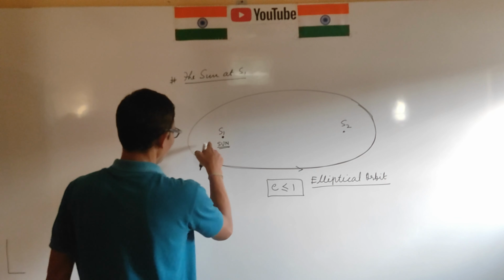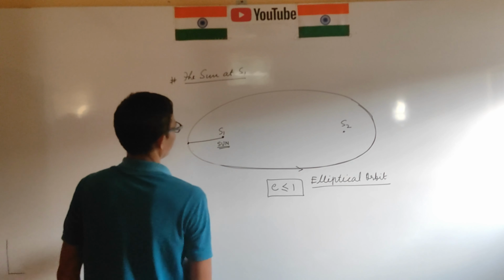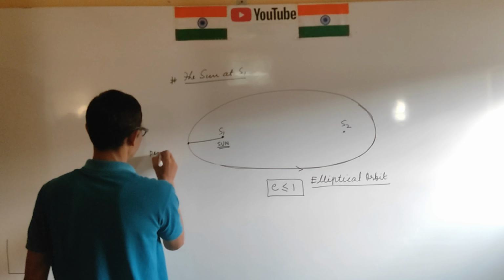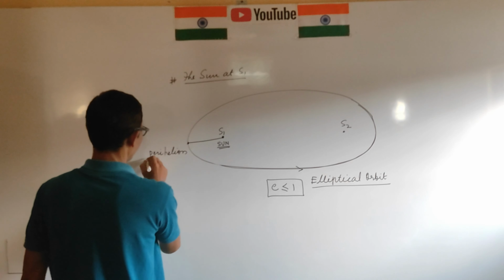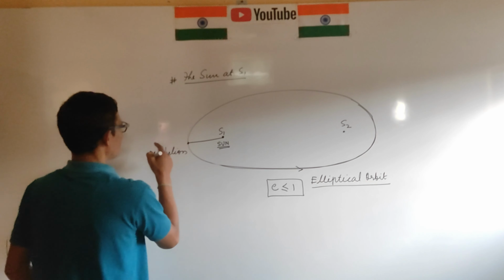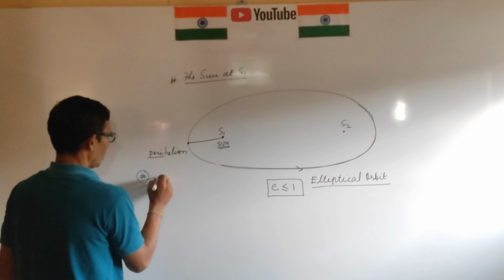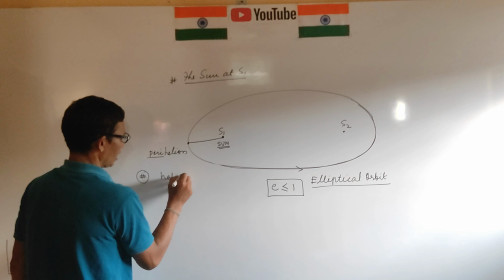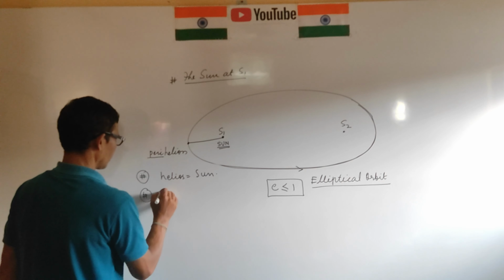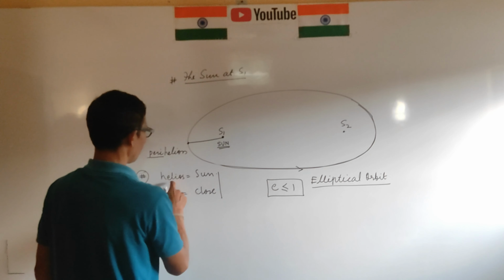Peri means close, and helios means sun, so perihelion means close to the sun.